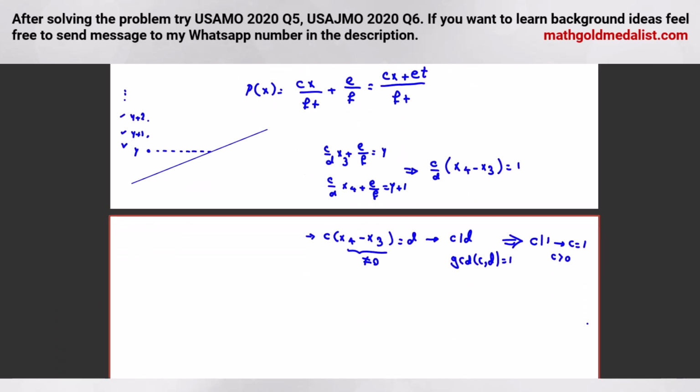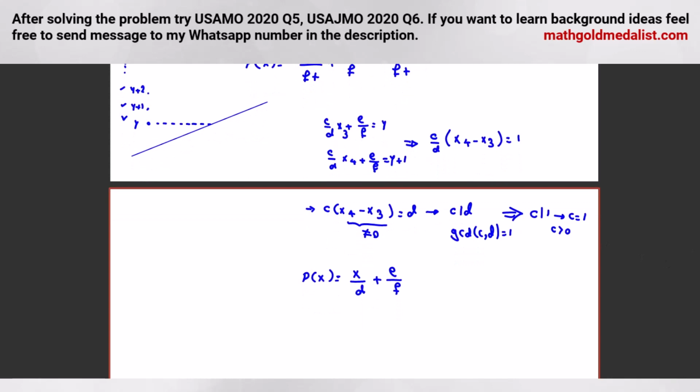And now let's continue. P of x is x over D plus E over F. We proved that D is Ft, right?